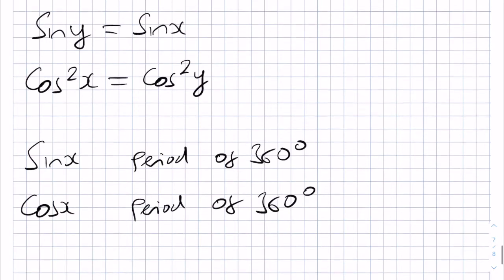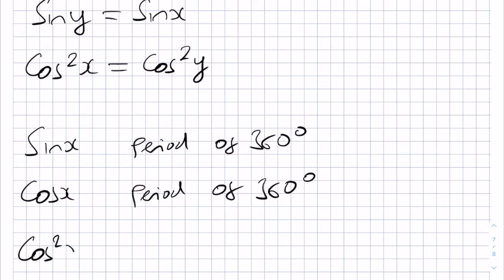It turns out that cos squared of x also repeats every 360 degrees, but in fact has a period of 180 degrees due to the square. However, we won't need to use this, and all we'll need is that sin of x and cos squared of x repeat every 360 degrees.